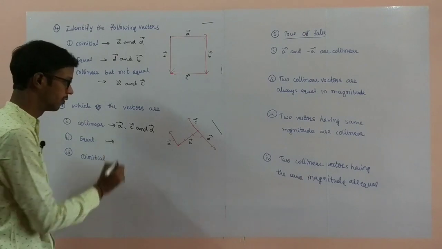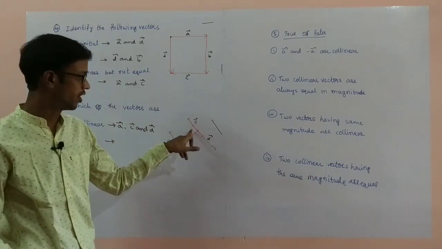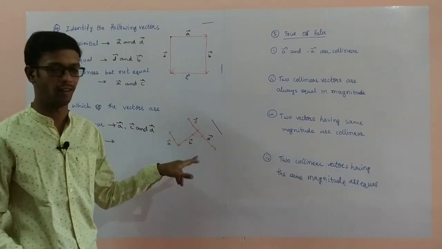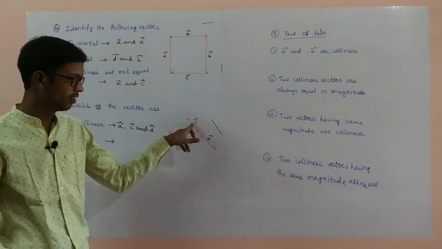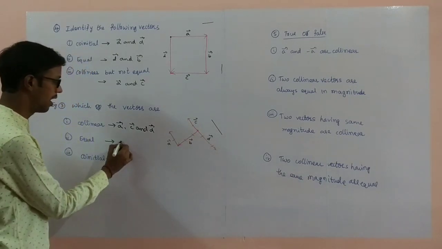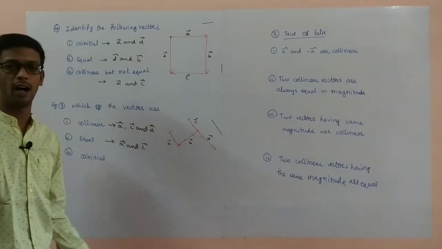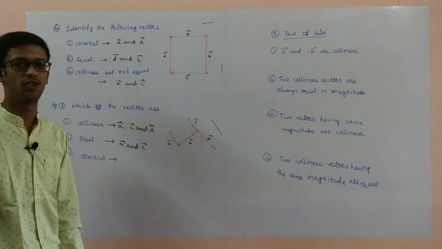Equal vectors means same magnitude and same direction. Here 1 indicates the unit. Here 2 indicates 2 centimeters. Simply you can take it as 2 centimeters. You observe here same direction and same magnitude. So A bar and C bar are the equal vectors in this diagram. Next, co-initial.